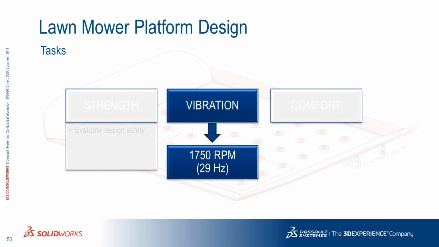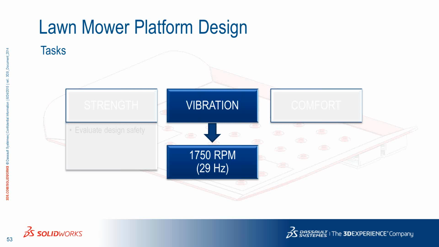If you convert that RPM into frequency in hertz, and that matches the natural frequency of the platform, then we have a big problem. Here we clearly see that the motor is operating at 1750 RPM. That translates into 29 hertz, and simulation is telling us the first natural frequency is 27 hertz. So we're almost in the same ballpark range as the operating frequency of the motor.